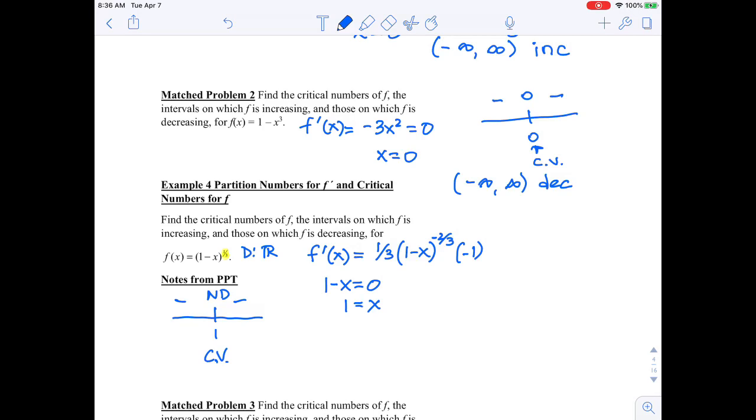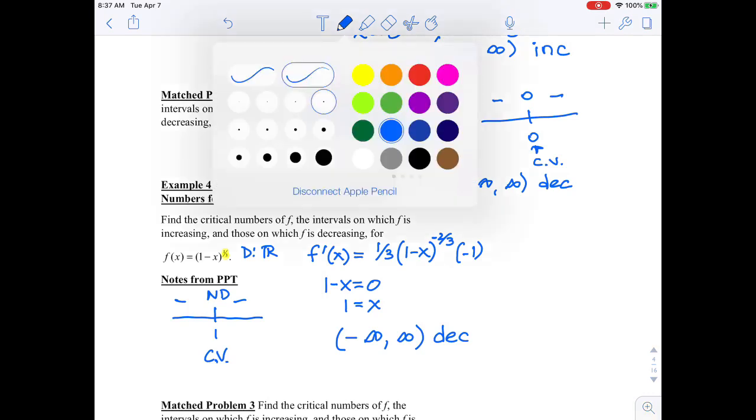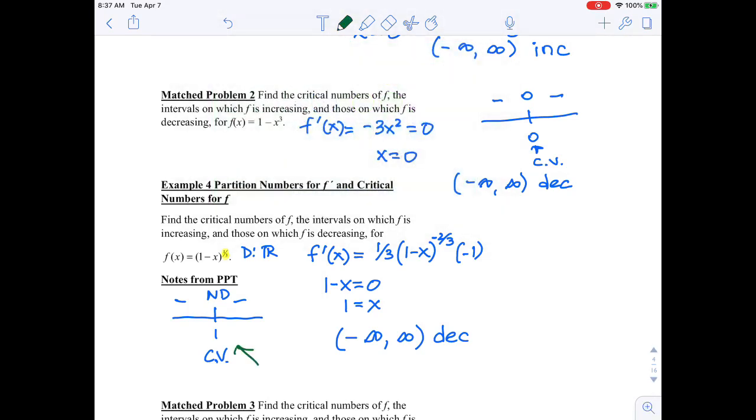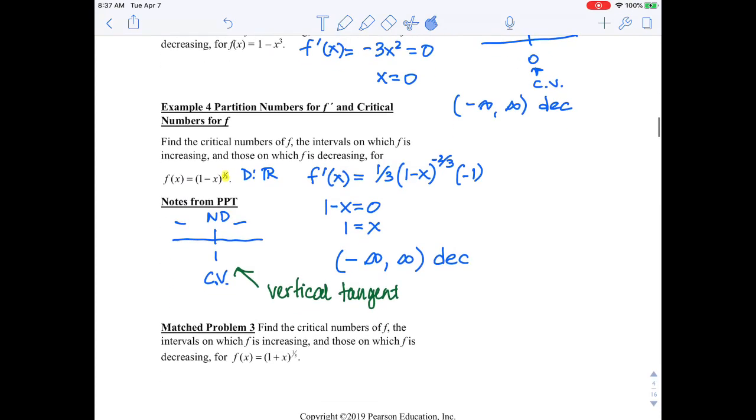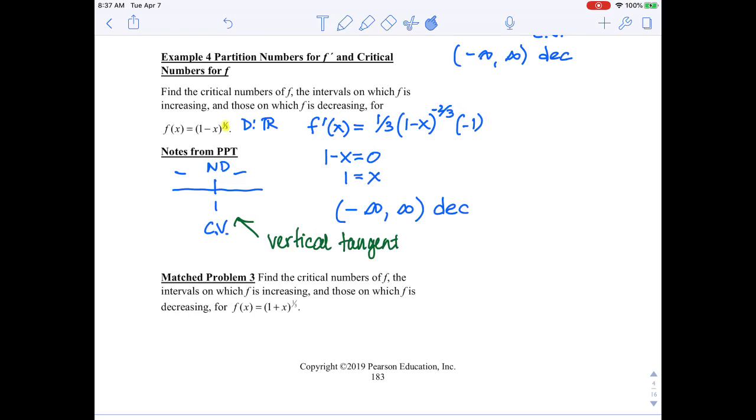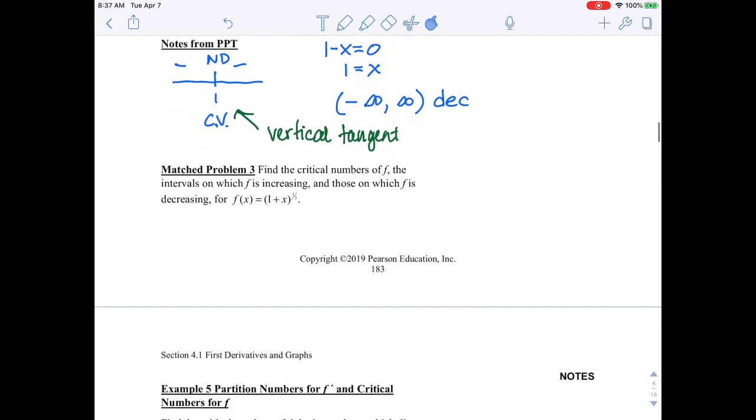So we are decreasing. But what happens is, if we would graph this, because 1 is not defined for the first derivative, this would become a vertical tangent. Okay, so go ahead and you try Match problem number 4, sorry. You go ahead.